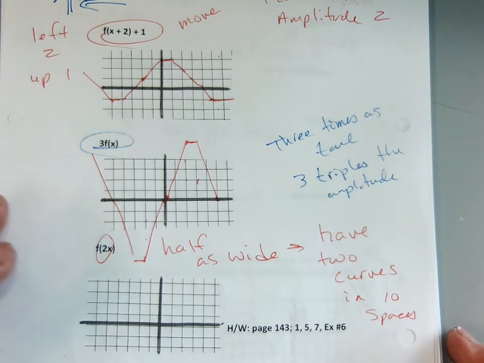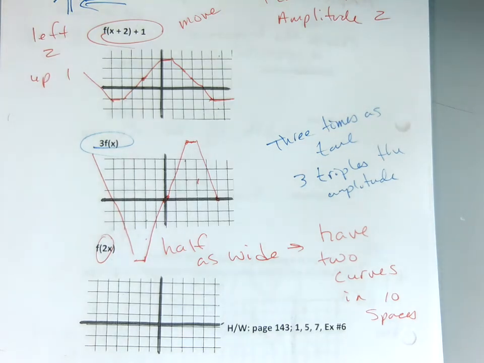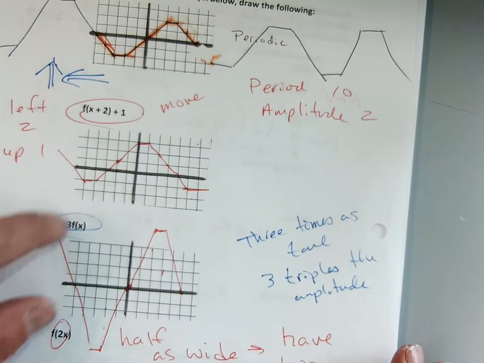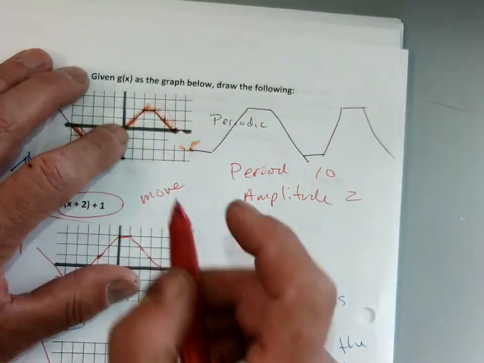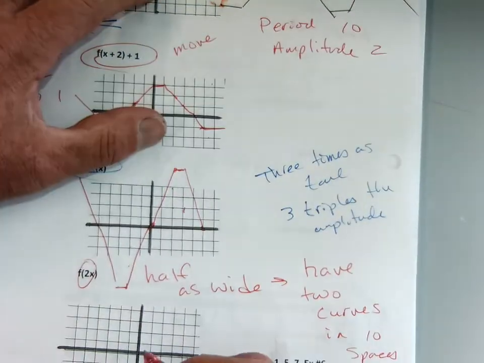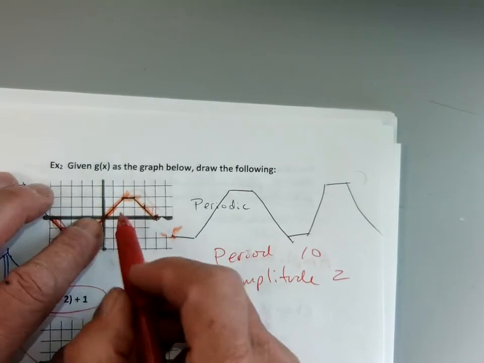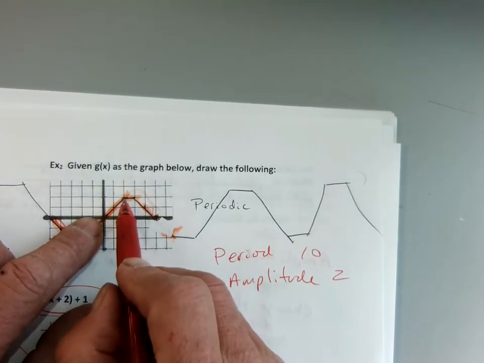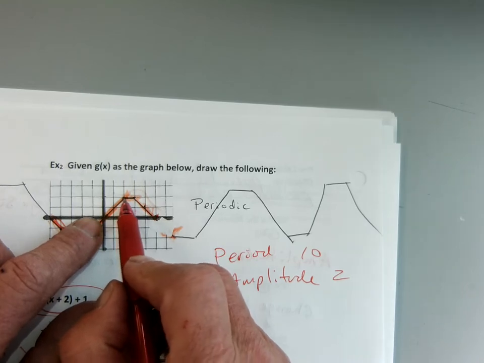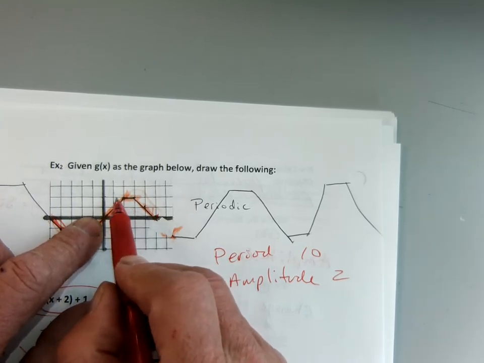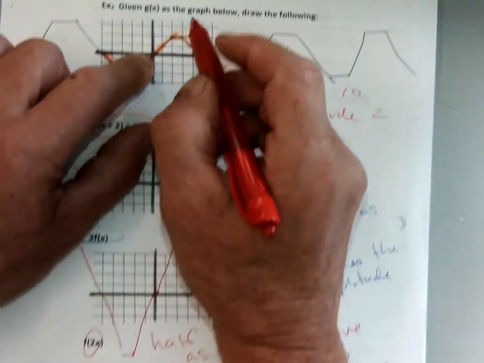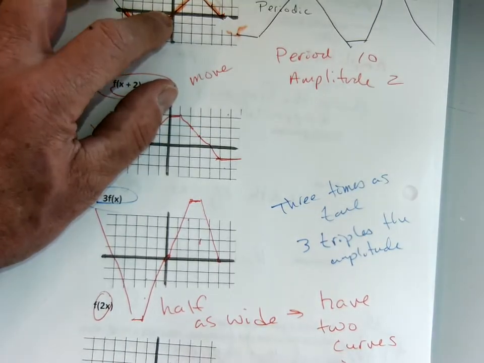I say 10 spaces because that's our period, right? So I'm going to take this picture to make it half as wide. I know for sure 0, right? The easiest way for me to do it, this is an important point, because that's like a stop point. So I'm going to bring that point into here.